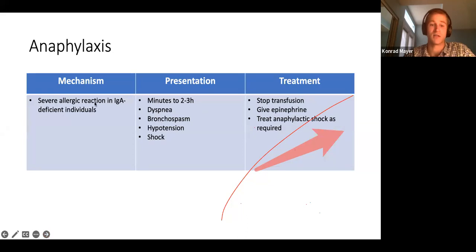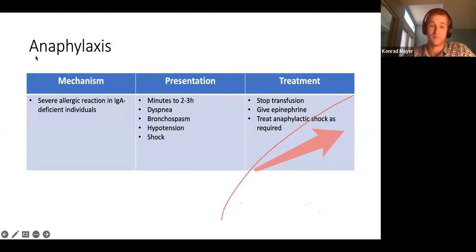This is a severe allergic reaction, and this oftentimes happens in IgA deficient individuals classically. This will happen in the same time frame, minutes to 2 to 3 hours afterwards. And all the symptoms from allergic reaction are increased in severity. So the patients will be presenting with not only wheezing, but dyspnea, bronchospasm, hypotension, and anaphylactic shock.